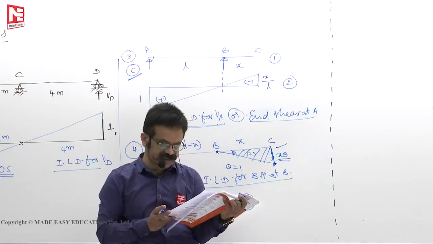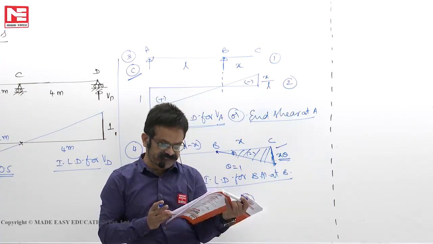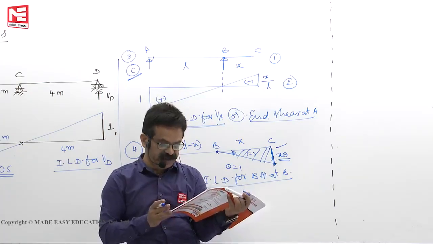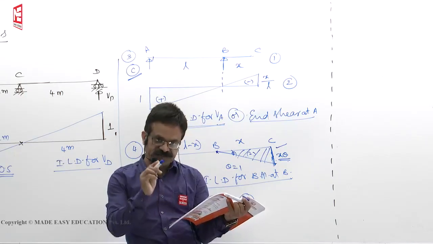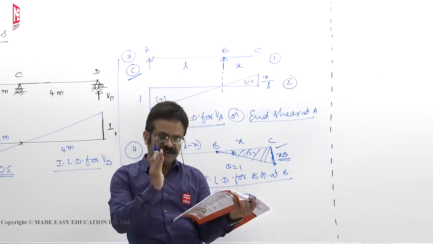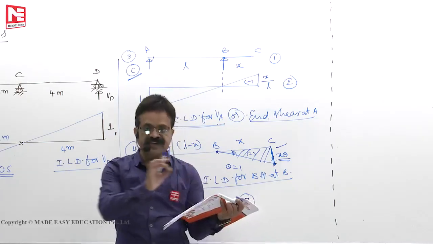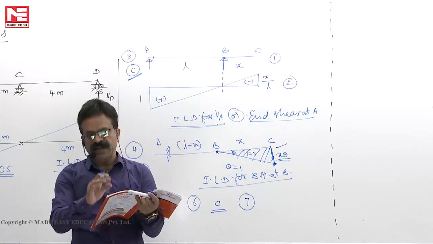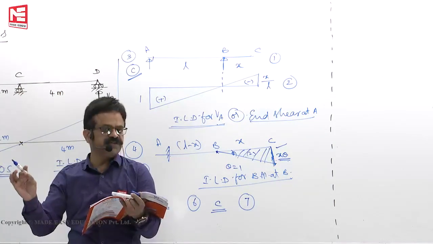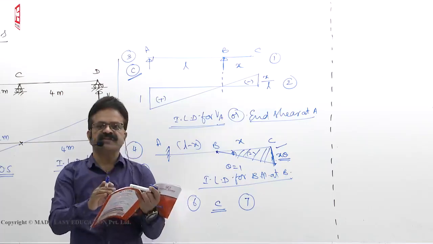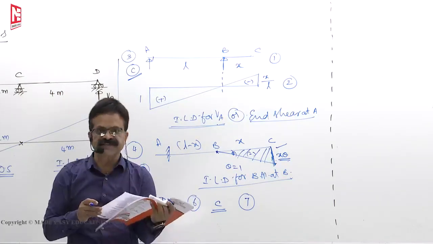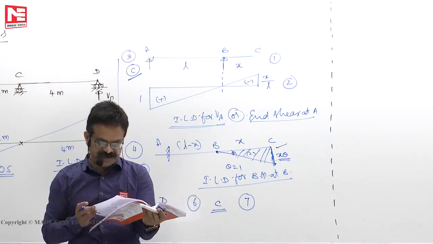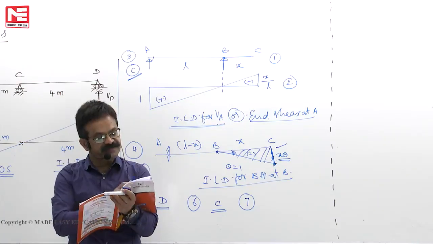Is it a correct statement? Influence line for a function in a structure is a curve which shows its variation at a particular section for various positions of the moving load. As the load is moving from one position to another, how the stress function at a section varies, that only the ILD gives. So the first one is correct.